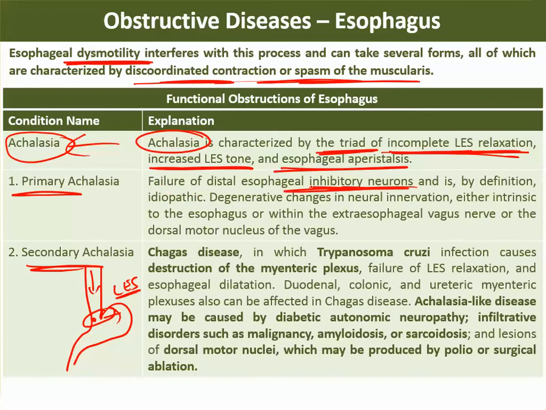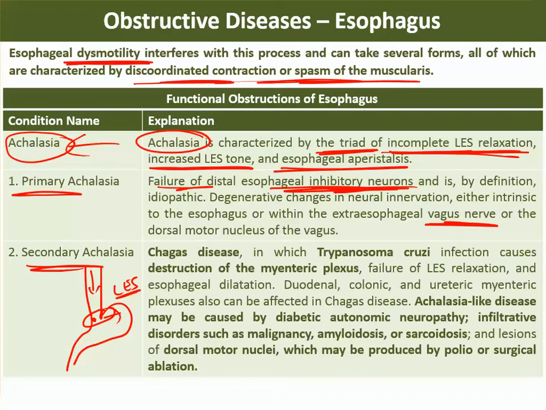If there is failure of inhibitory neurons, we don't know why it happens, we assume this is happening. If there is any neuronal dysfunction, or the vagus nerve is affected, then you have this kind of problem.